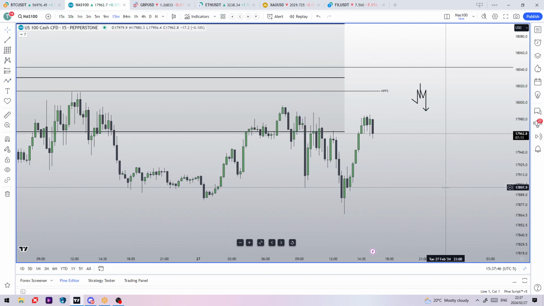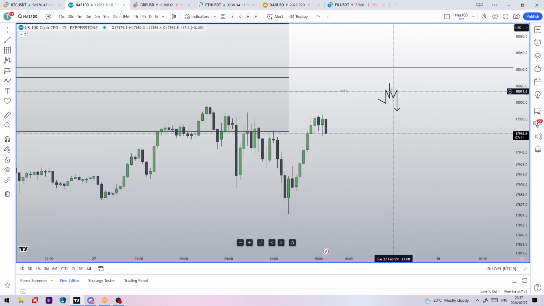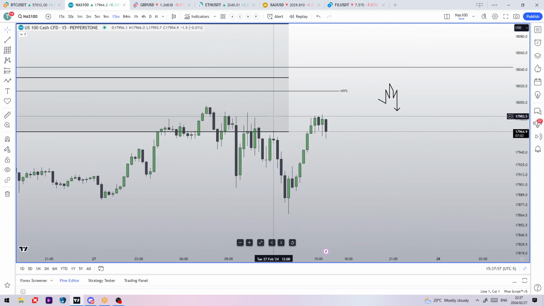That's what it did, structurally. That's how my eyes have been trained to see what these are doing. It's not just a wick and a wick, or a body and a wick.